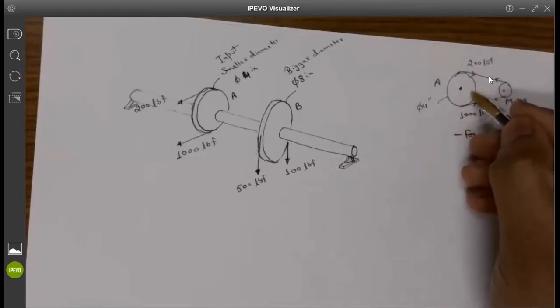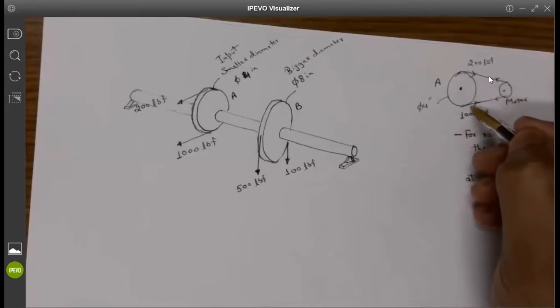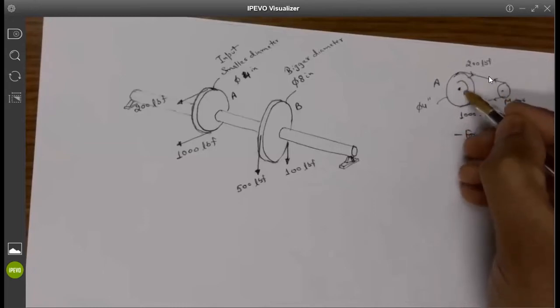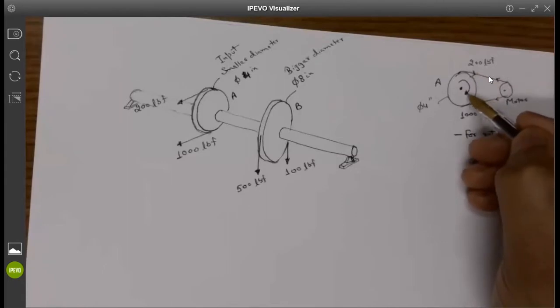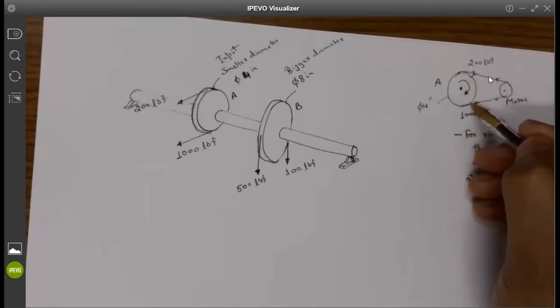So basically, if the belt is rotating clockwise, then you have the tight side on the bottom and the loose side on the top. The way to figure out which is tight and which is loose: the pulley is trying to rotate clockwise and trying to stretch the belt, so it is trying to climb on the surface of the belt.